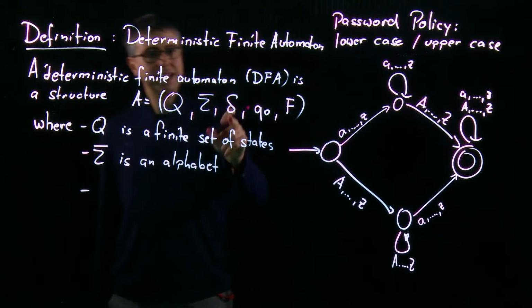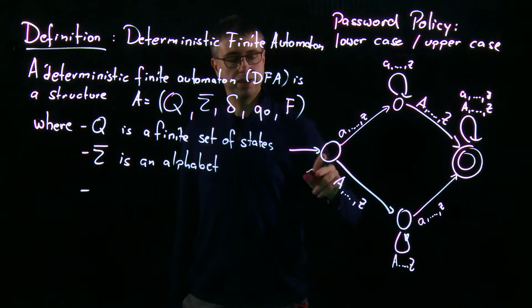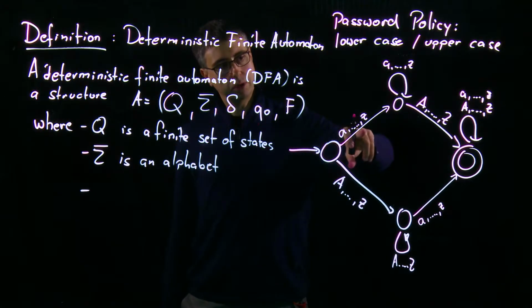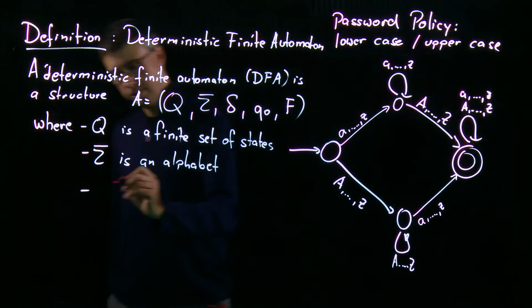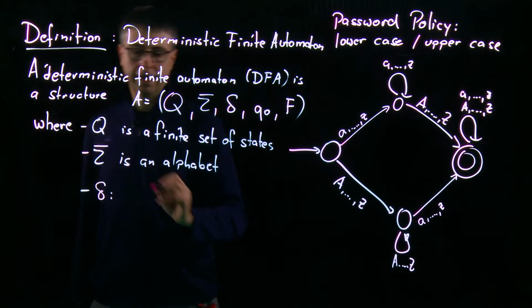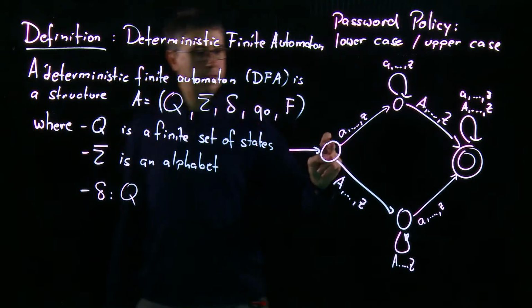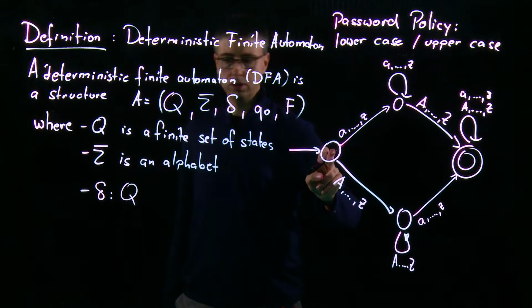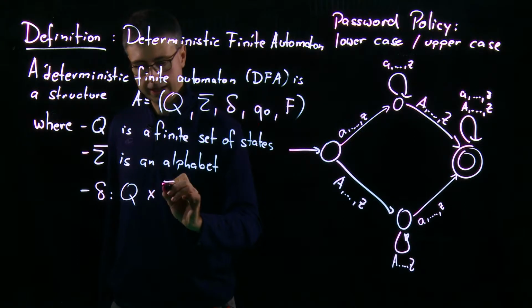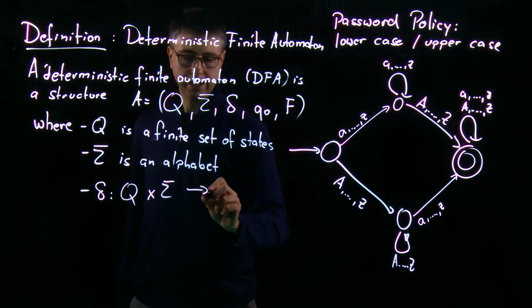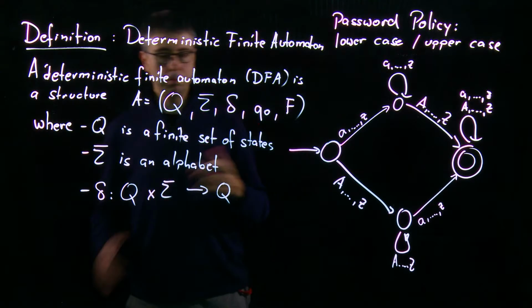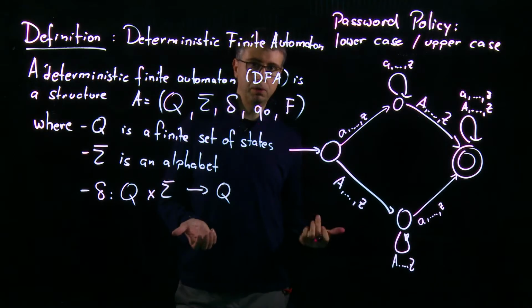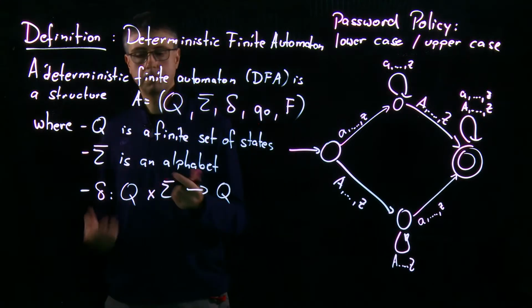We have this delta. This is a transition function, and the transition function models the arrows between the states. So it's a function, delta, taking a state as input and a letter and yielding the successor state. So it's a function that computes for a given state and a given input the successor state.